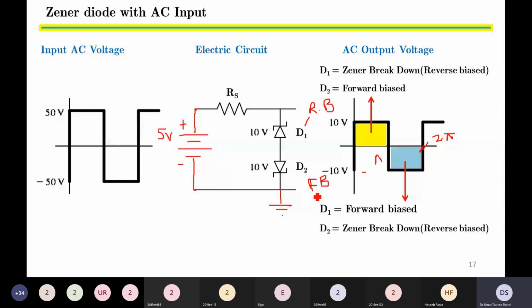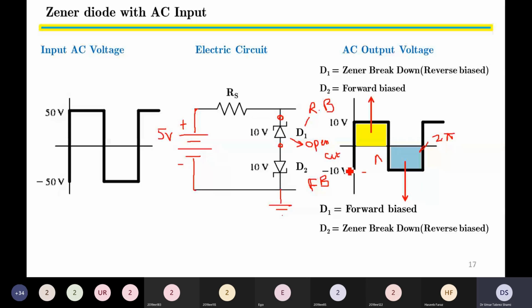The diode D1 will not experience Zener breakdown voltage because we are giving only 5 volts. Therefore, what will happen to D1? Diode D1 will become open circuit. These two dots are showing an open circuit, and I will write over here that D1 is open circuit.